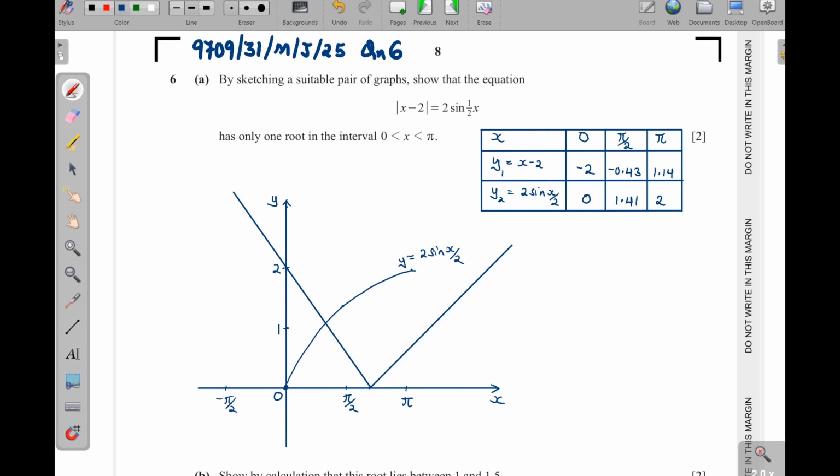And then, of course, this one is equal to, because this one was already the positive part of that, y equals the modulus of x minus 2. And then this is the reflected one. We call it y is equal to negative, then x minus 2.